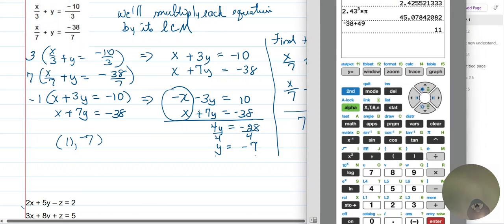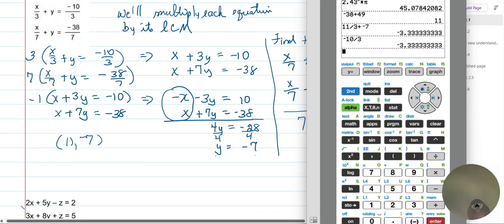Okay. So I'm going to say 11 divided by 3 plus negative 7 and enter. I get that. Now I'm going to do negative 10 divided by 3, and it checks. Good. Now we're going to do the next one.